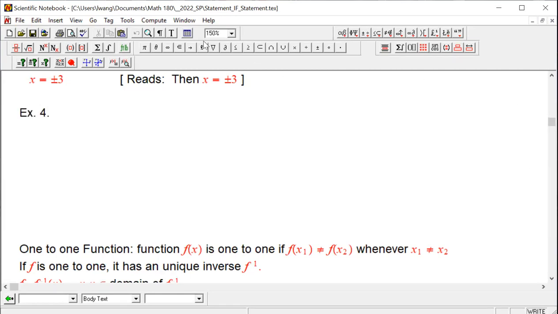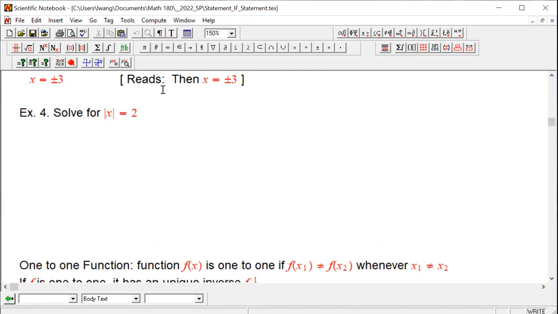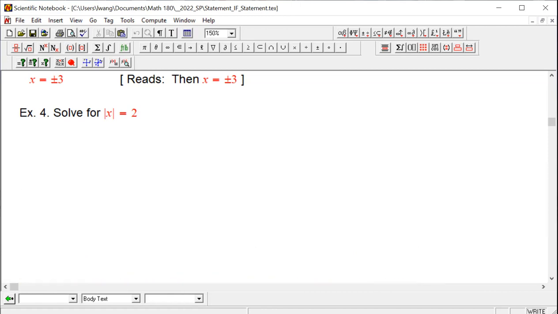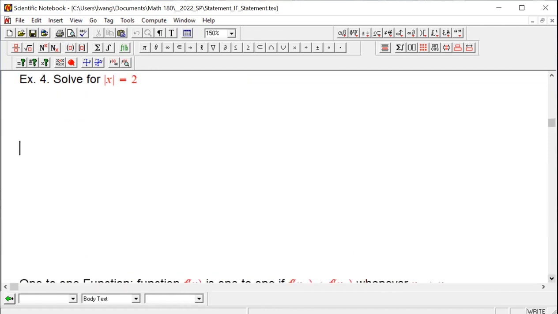Right, example number 4. They will tell you, solve for absolute value of X equals 2. What kind of statement is this?